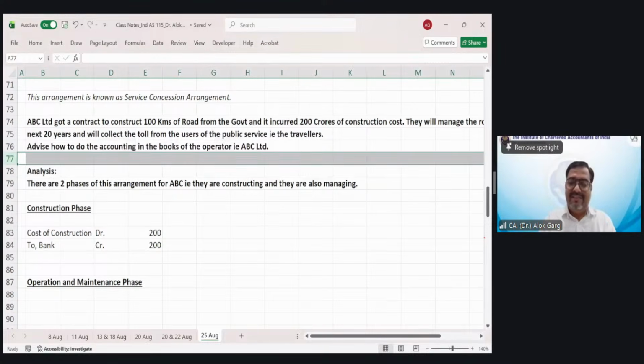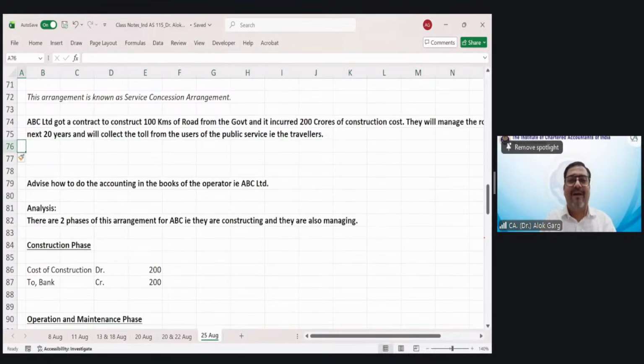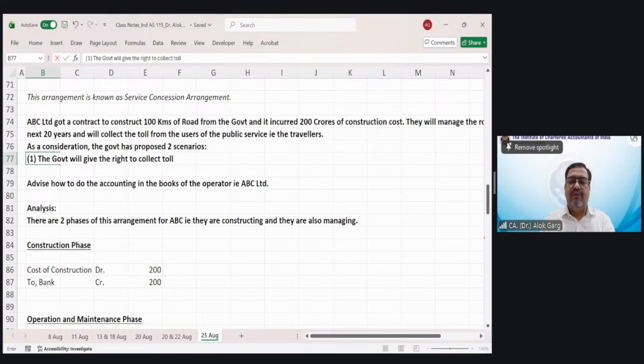So my dear friends, let me elaborate this question now. Your accounting will depend on the consideration. As a consideration, the government has proposed two scenarios. Scenario number one, the government will give the right to collect toll for 20 years.